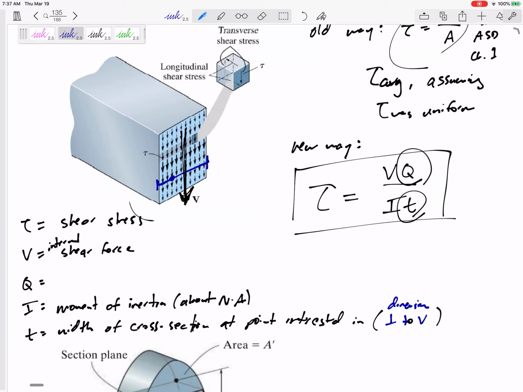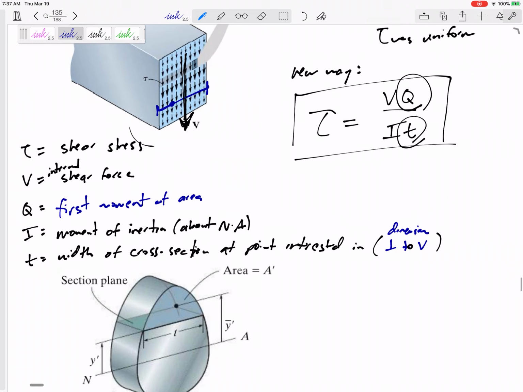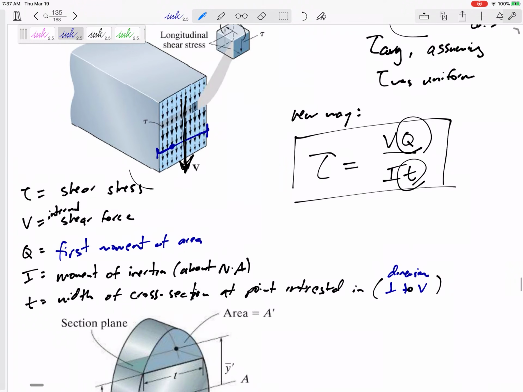All right, and Q is something called the first moment of area. We'll just call it the first moment of area, and we'll expand on that down here. First moment of area. All right, so the shear stress is VQ over IT. The V is the internal V at the cut.